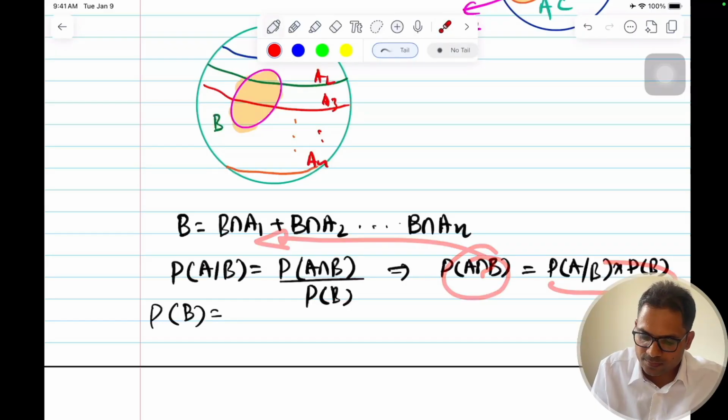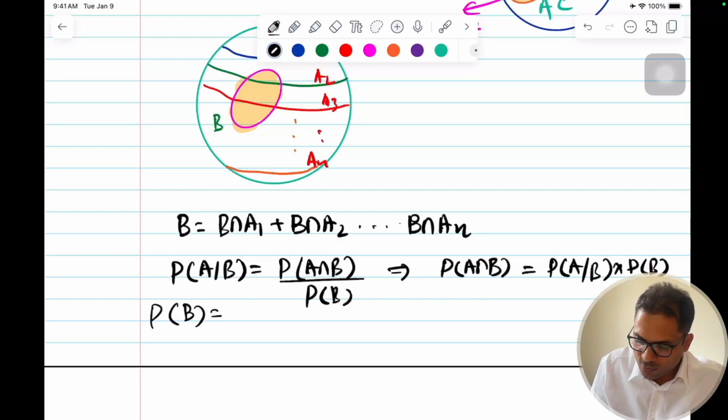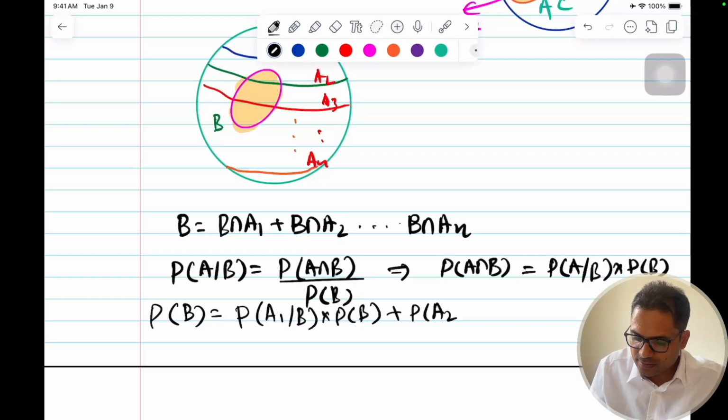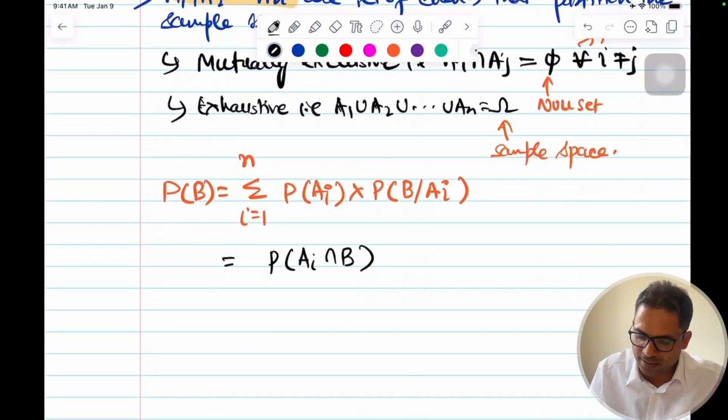What will it become? Probability of A1 given B into probability of B, plus probability of A2 given B into probability of B, and so on, right? So that same thing is written here in the reverse order.